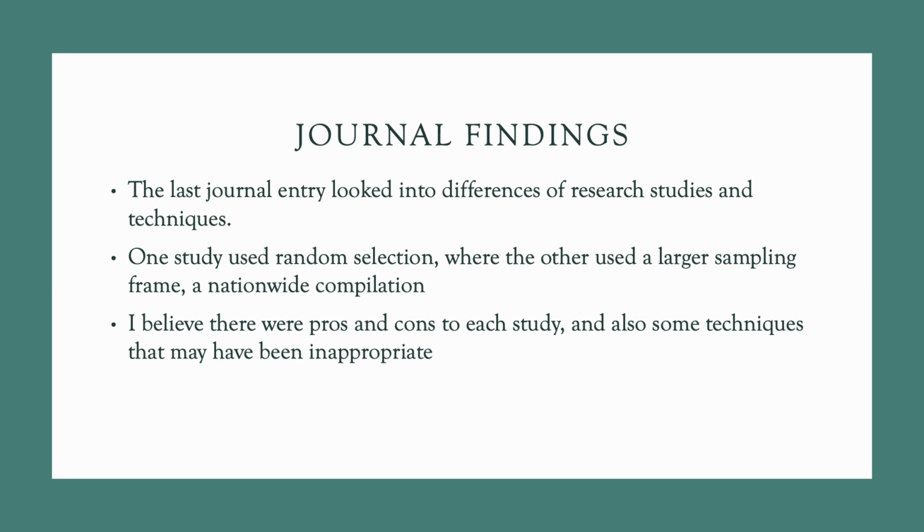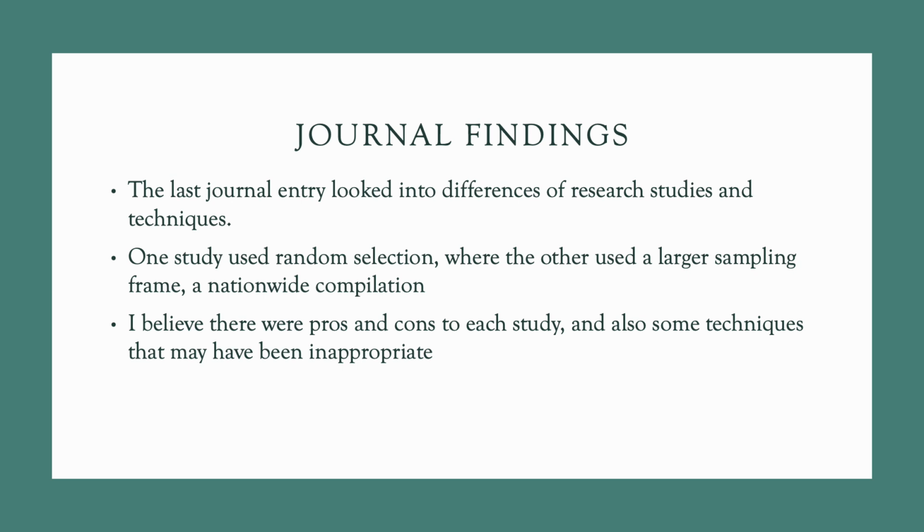The next study looked into differences of research studies and techniques. This examined 2 different specific research studies in different areas. One study used random selection, where the other used a much larger sampling frame, which was a nationwide compilation. I believe that there were pros and cons to each study, but also some techniques that might have been inappropriate.